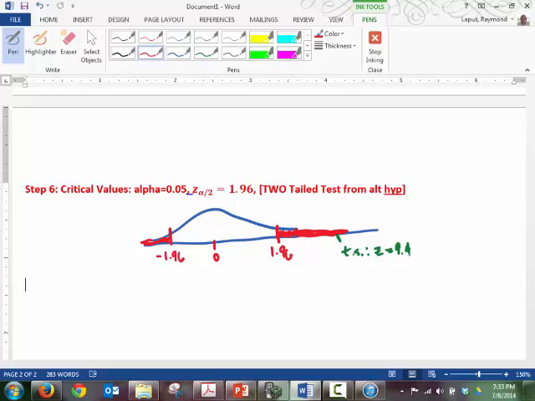Yes, because it's on the tail. I guess I should just say it's on the tail, but they say critical region. So 1.96 is the boundary for the critical region. Anything greater than positive 1.96 and anything less than negative 1.96 will be considered in the critical region. 9.4 is a big number, and that is definitely in the critical region.